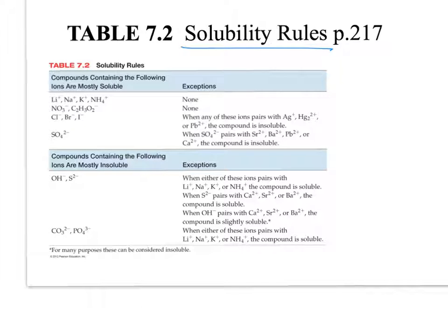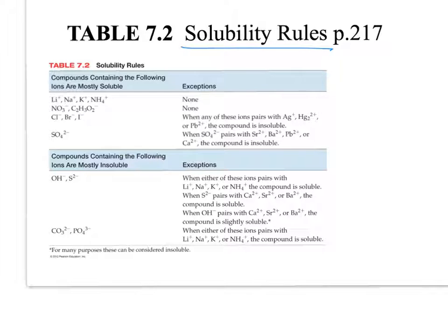But notice that there are exceptions, that just because you have these ions in the compound, there are exceptions. So we're going to have to look at the exceptions to really decide whether something's soluble or not. Insoluble compounds contain OH and S, or CO3, PO4, but again, there are going to be exceptions to these rules.